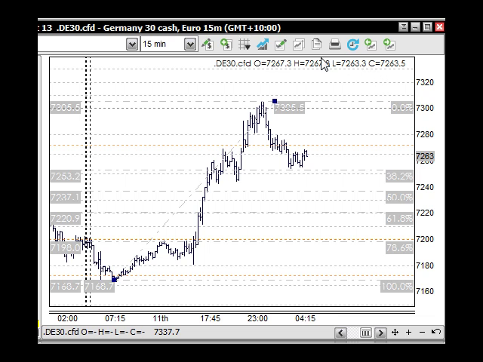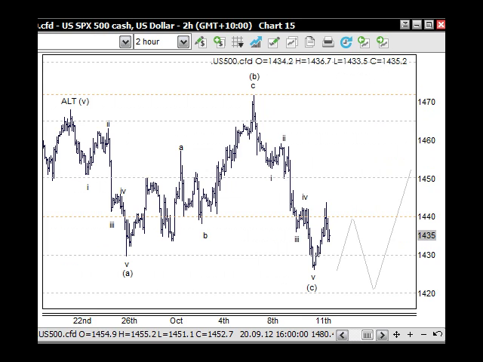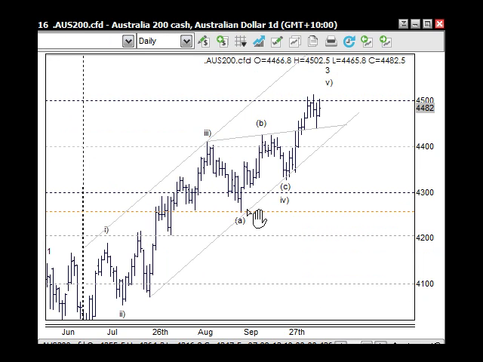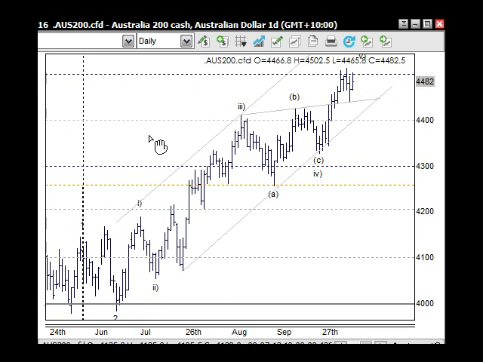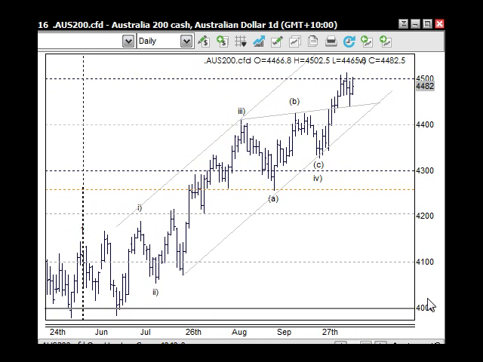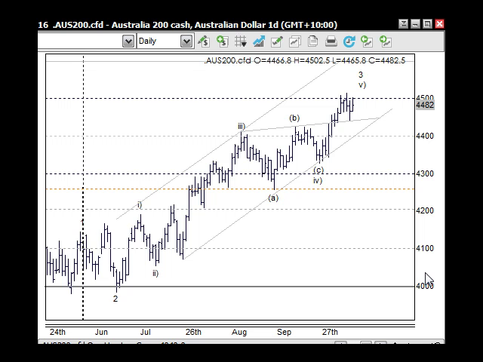Now, the other thing that I wanted to point out too, with the American markets, if we have this right here as an A, B, C in the S&P 500, if we've got this right as an A and a B and a C wave here, and it starts to move to the upside, well then it's really going to fuel the Australian market, because the Australian market, when we look at that, on a daily chart here, has been really strong, and we recognise that it was strong right from the go, because even when the US markets were going up, our market was going down.